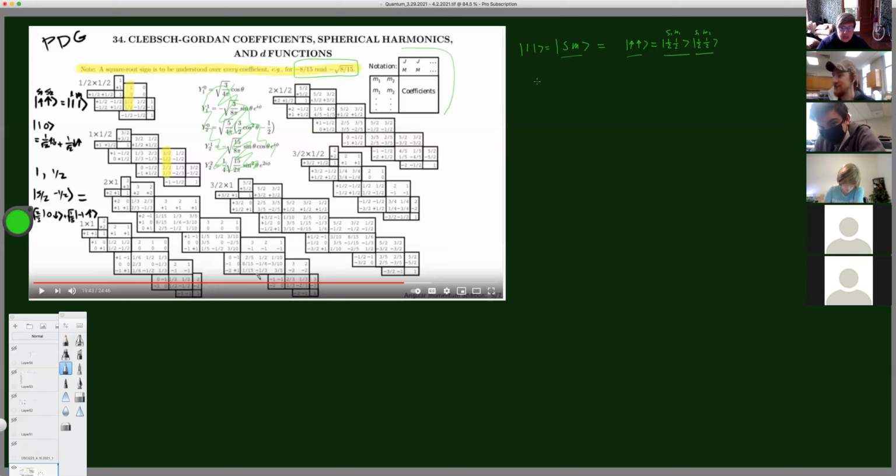Okay, and then 1, 0, which of course is total S, total M, is equal to 1 over the square root of 2, times, and I'm going to write it in both notations.